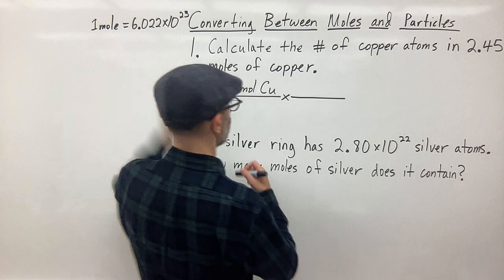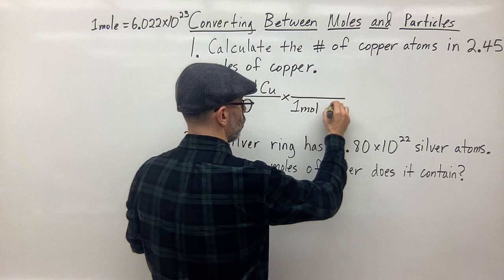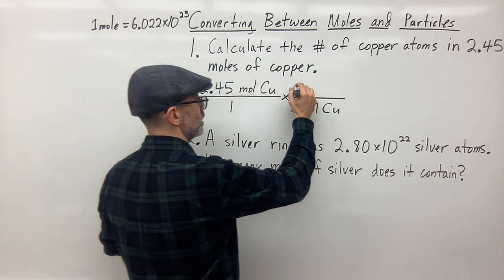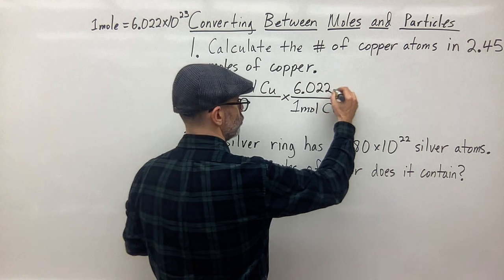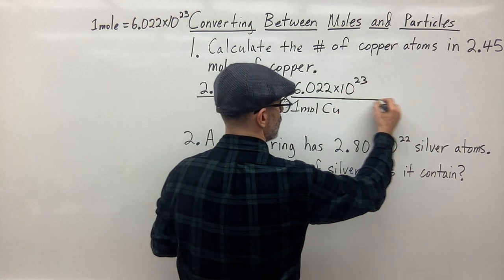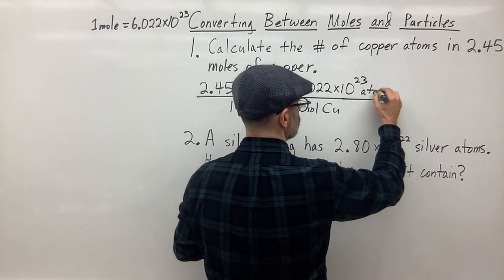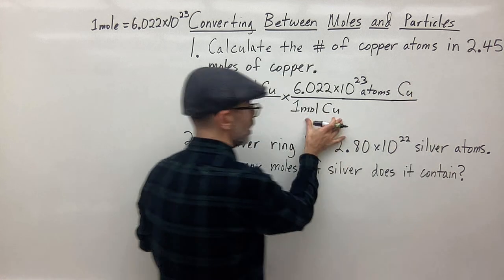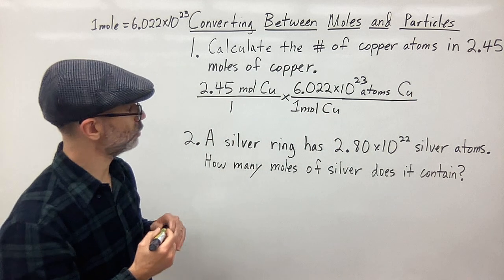So 1 mole of copper goes on the bottom, and then the 6.022 times 10 to the 23rd goes on top, atoms of copper, because copper exists in the form of atoms, not molecules.